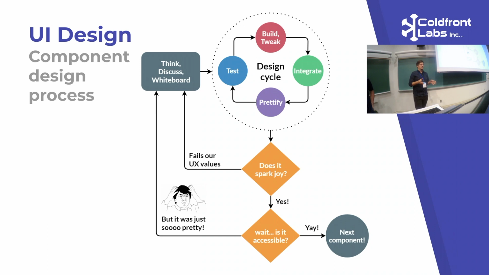If it doesn't, then we go back and loop again, try different components or different colors, different padding. Does it look busy? Is it simple? And often it gets to a state where it's good, and then the last step is, yes, it has to be accessible.